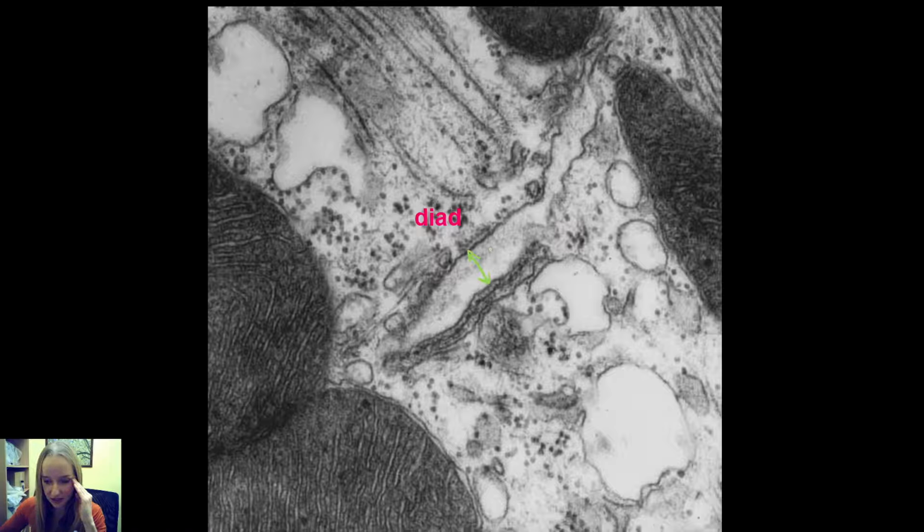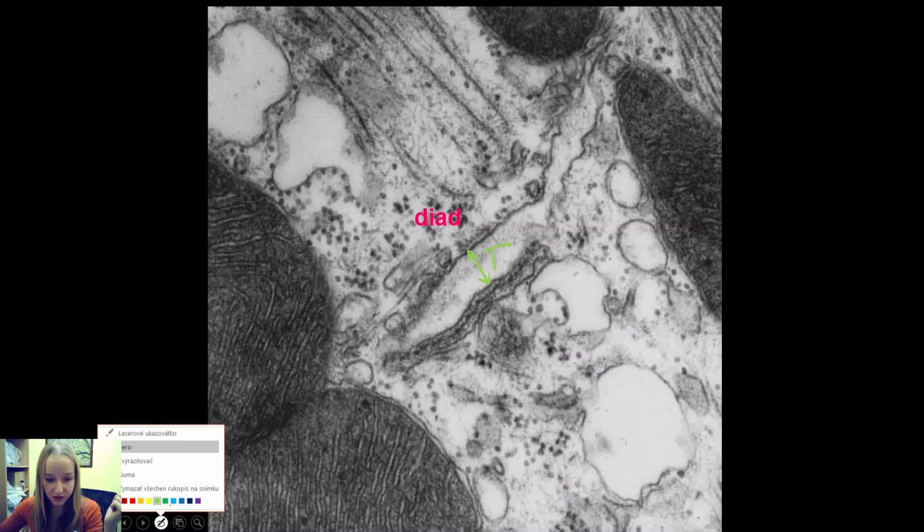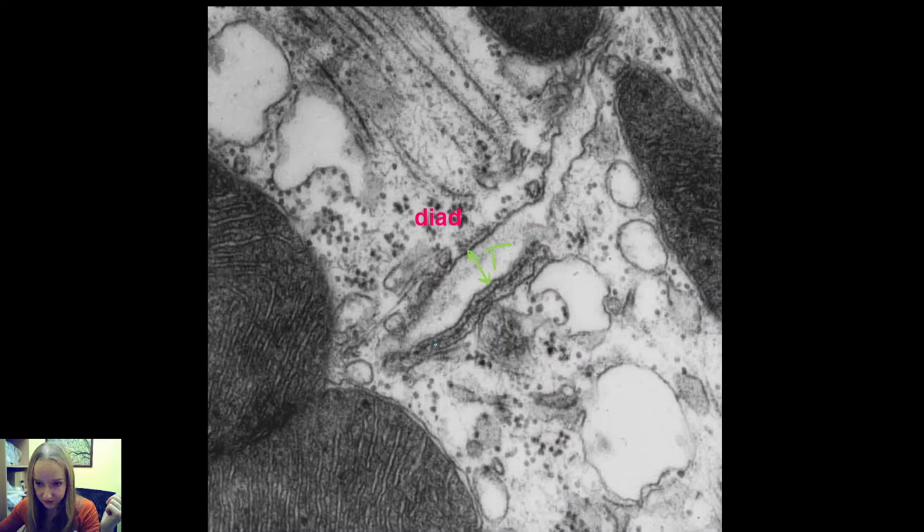This is the T-tubule. It's very wide, it's wider. When you compare two pictures from a skeletal muscle and cardiac muscle, you can see that this T-tubule is wider, and there is a sarcoplasmic reticulum right here on one side, and that's why it's called a dyad.